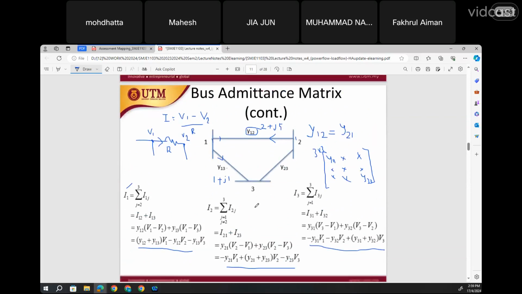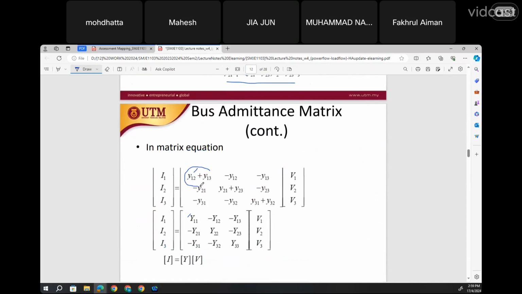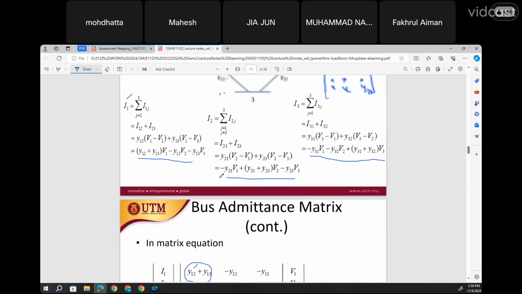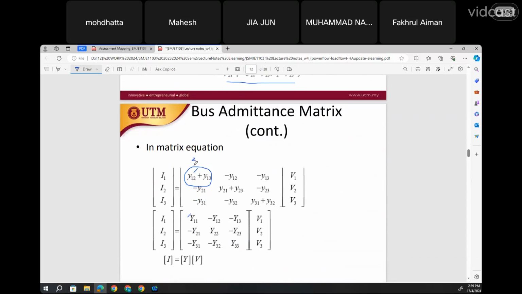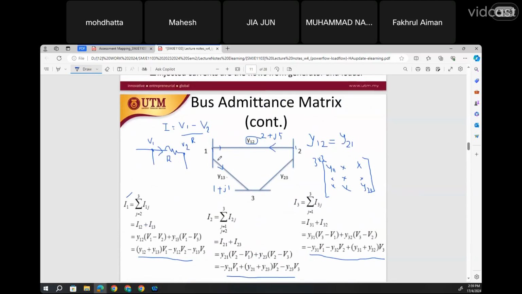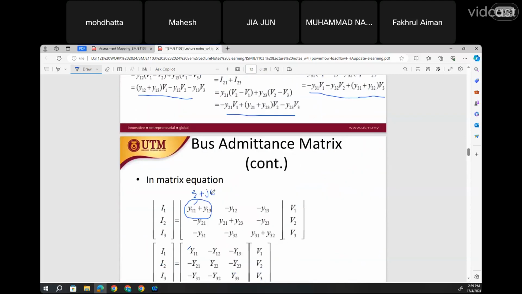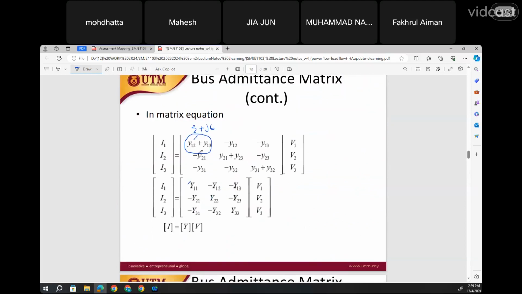The component over here should be the summation of these two, meaning that it should give us 3 plus J6. And the same goes for other elements in this matrix.